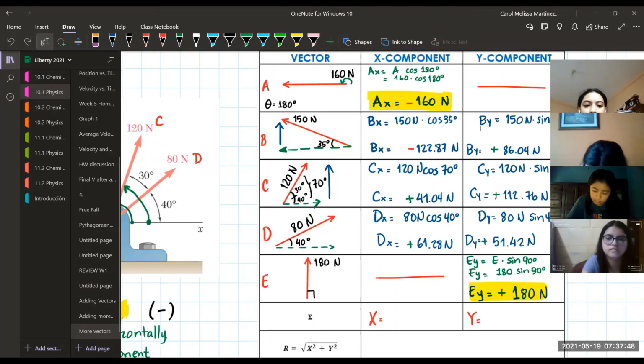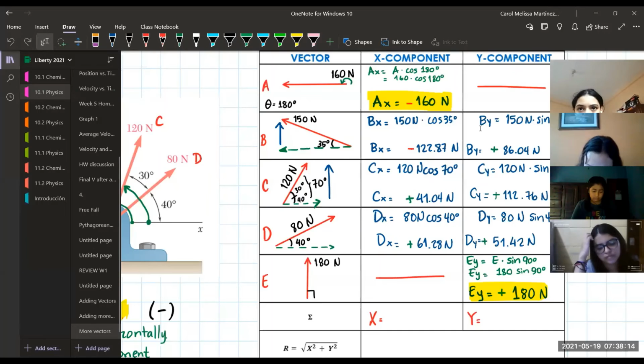In sine is 51, in cosine is 61. Here is 51 in Y. The Y is 51, but the X is 61, right? Yes. Try to be sure if you want.